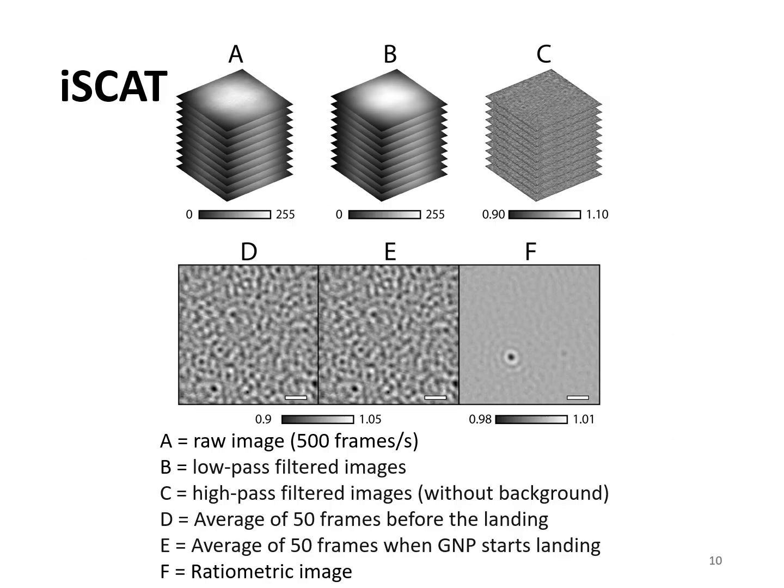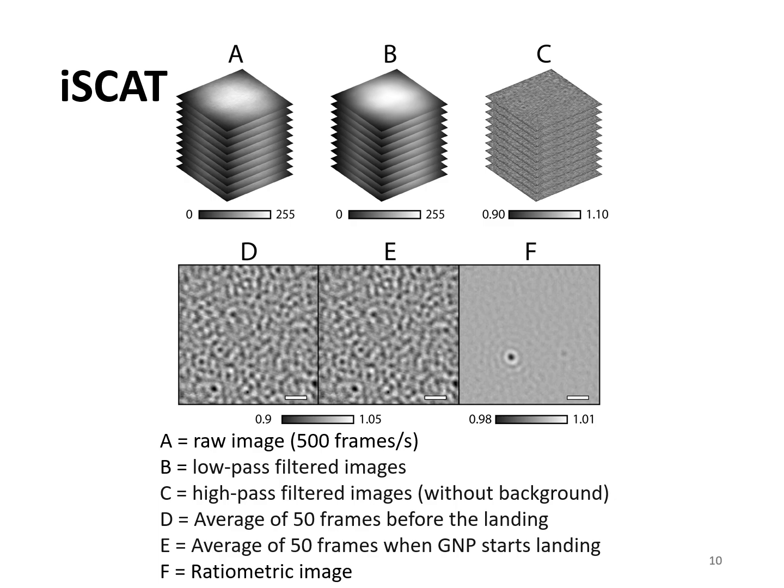Here we present the processing steps from raw data to the final radiometric image. A is the raw image. B is the image processed by Gaussian blur.